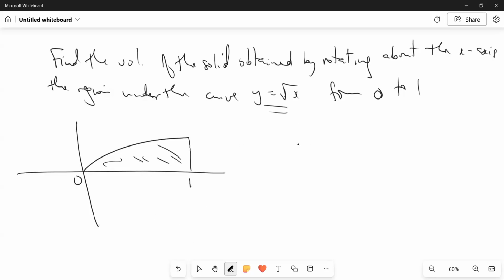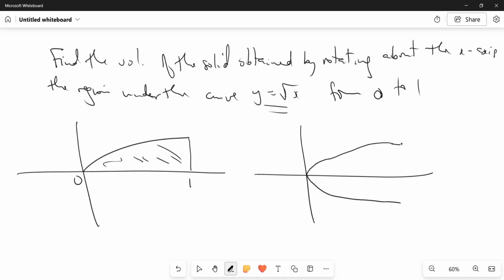When you rotate it, you'll get a solid looking like this. Don't laugh, right? You'll get a solid looking like that. Good. How do we calculate that volume?